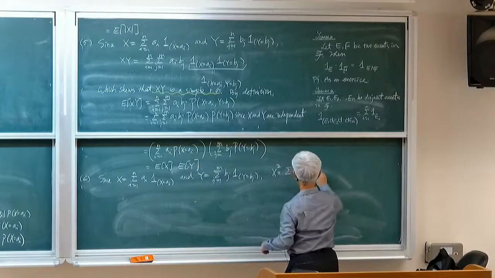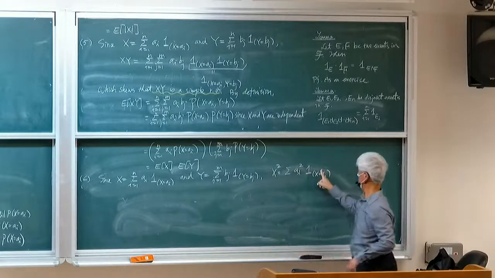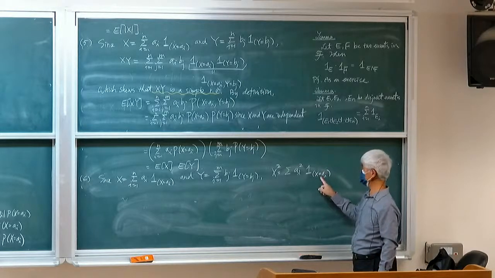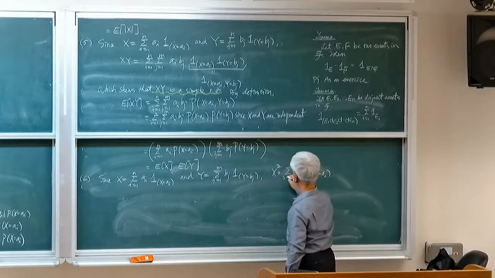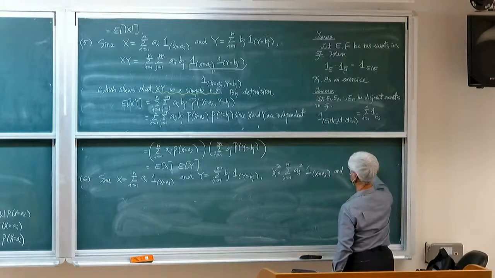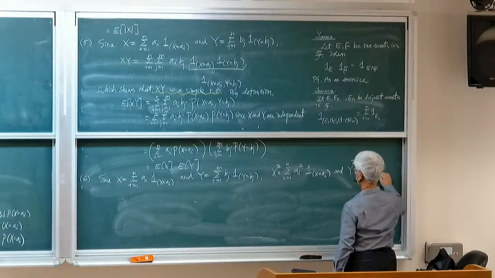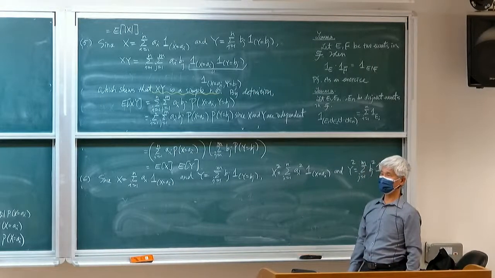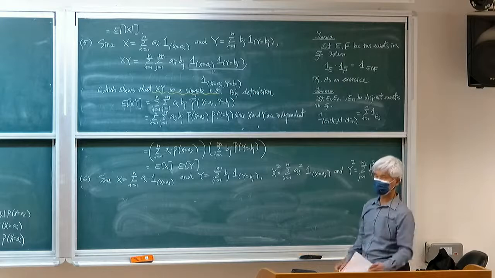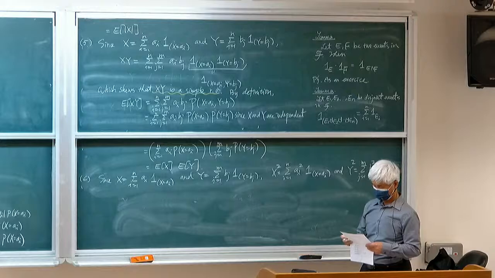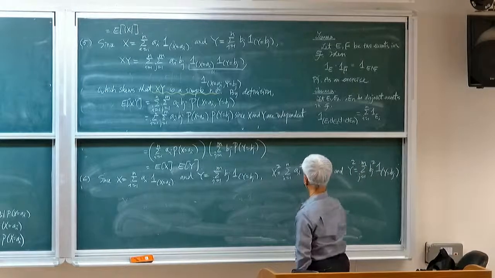For all outcomes in this event, and likewise y squared becomes the sum of b_j squared times the indicator of y equal to b_j.